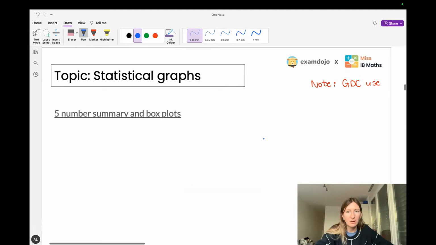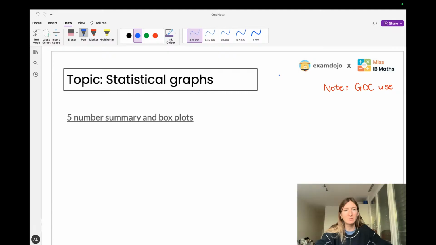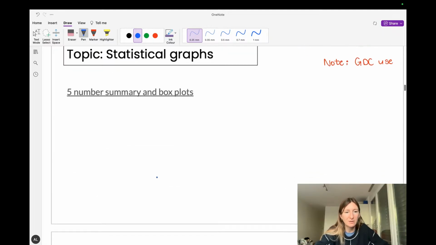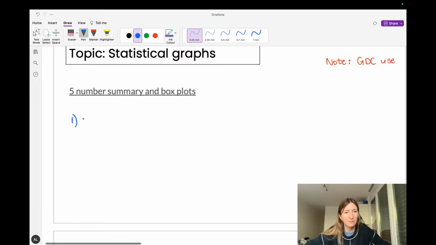All right, so as we were saying, 5-number summaries and box plots. If you don't have your cumulative frequency curve and they've given you a whole bunch of data like this, we'll do this in a bit, you need to make your 5-number summary first. So like we said, that was your minimum value. That was your quartile 1, also known as your lower quartile.